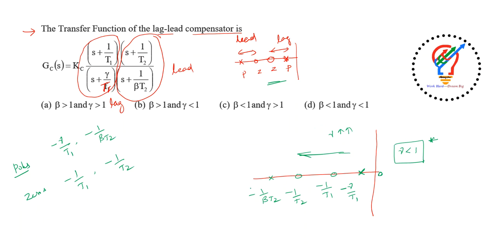Next, the beta value. If beta is less than 1, it will move towards the left side like this, so it also satisfies the condition. Suppose beta is greater than 1, then 1 by beta will be lesser, so the pole moves to the right-hand side, and that is not the condition. So gamma and beta should both be less than 1.